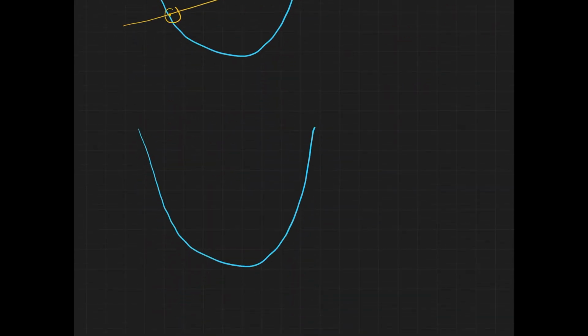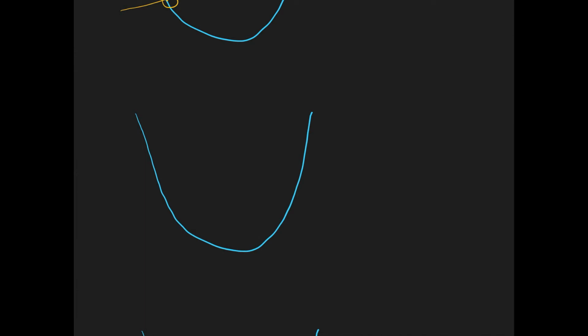Similarly, there is a possibility when the line intersects the curve at a single point. We can say that the straight line just touches the curve at a single point. This line is then called a tangent to the curve, because this line touches the curve at a single point.